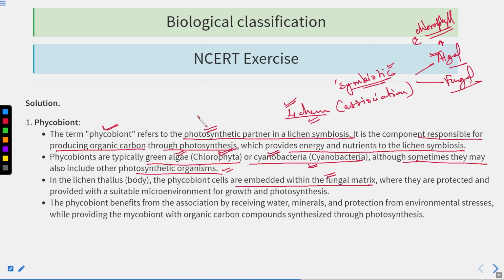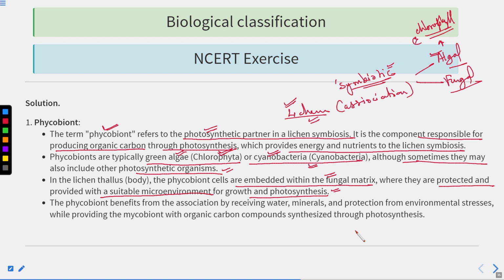So this algal component is totally covered all over by the fungal matrix. It is placed very deep inside the lichen thallus, where they are protected and provided with a suitable microenvironment for growth and photosynthesis, because they cannot tolerate such a high intensity of light, right?